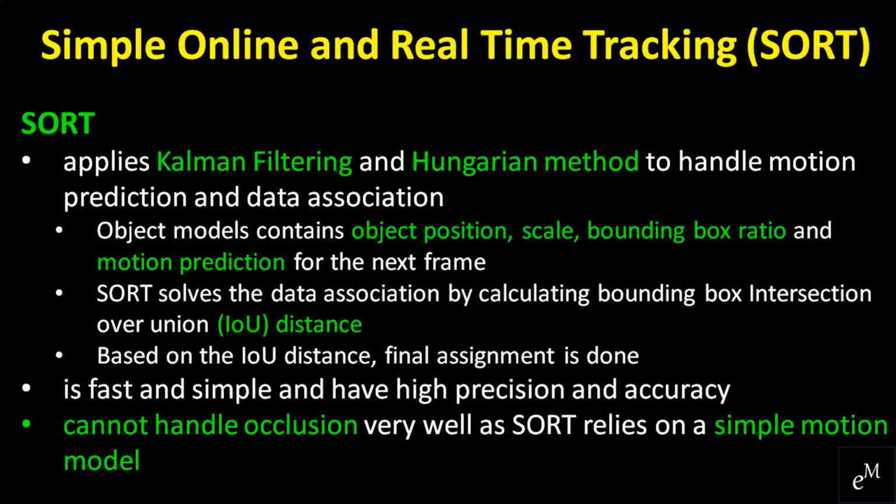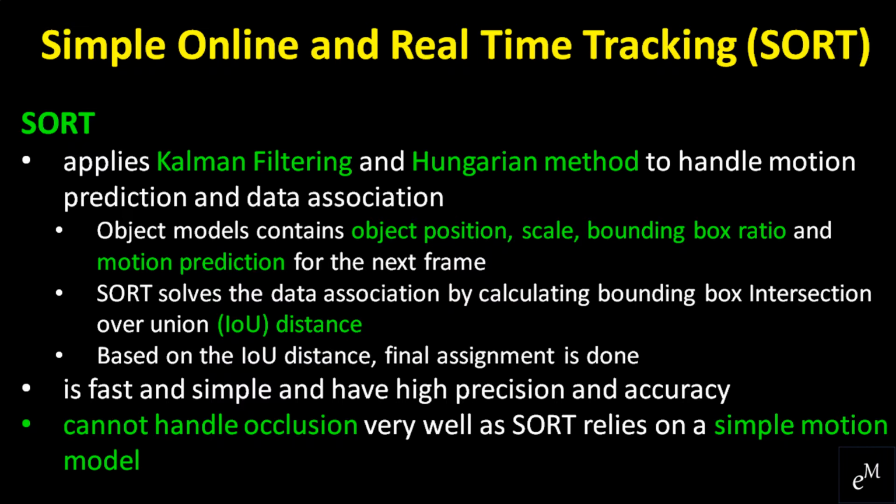The SORT algorithm solves the data association by calculating the bounding box similarity between objects and detections. This is done by calculating the bounding box IOU distance. After calculating the IOU distance, the final assignment problem is solved by using the Hungarian method.